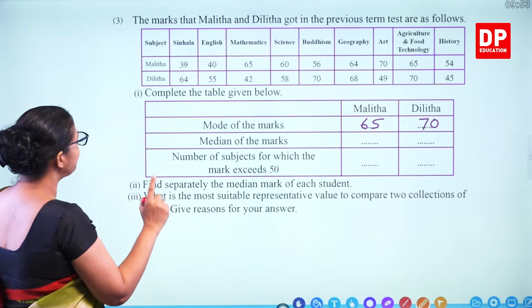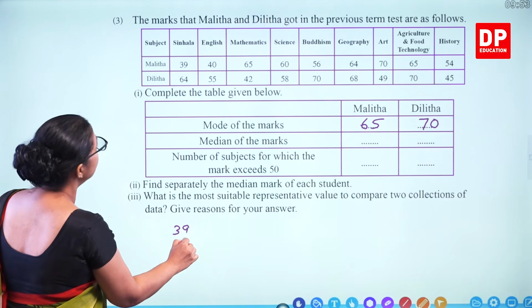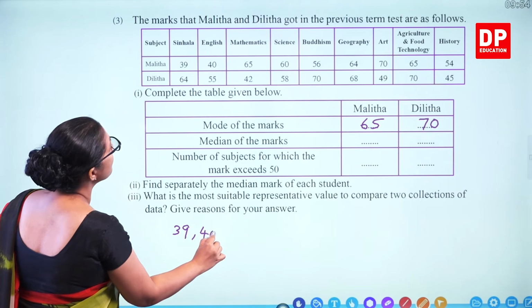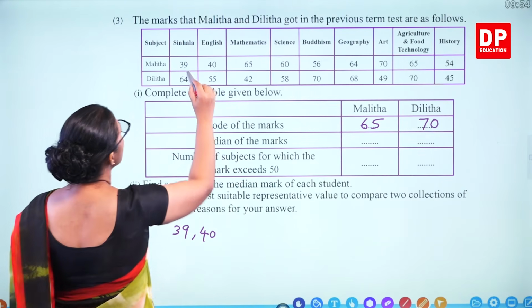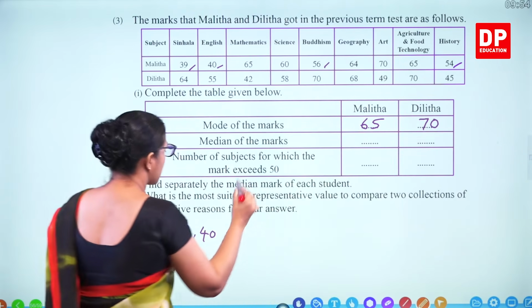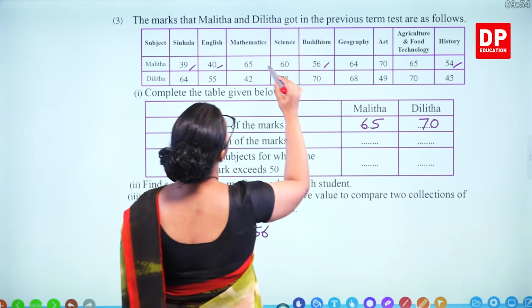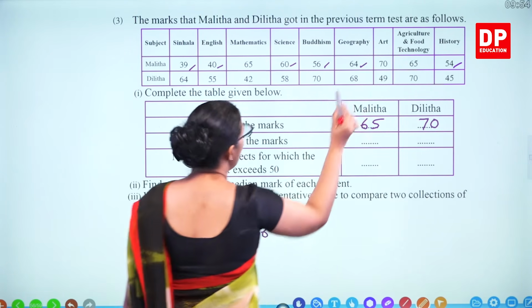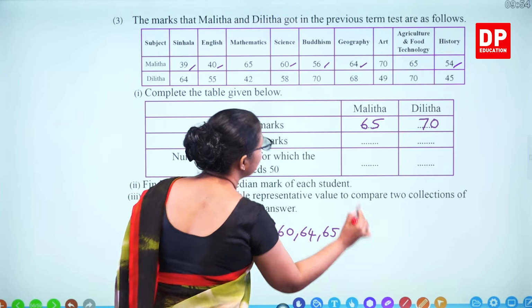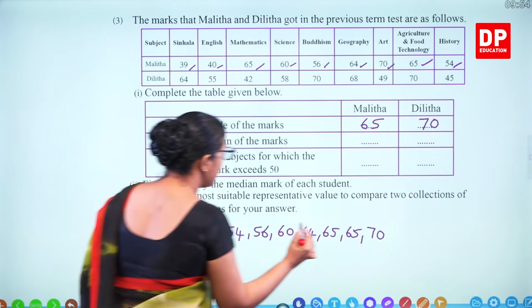First for Malitha, 39, 40, then we have 54, 56, 60, 64, and then 65 twice, and 70. That's Malitha.